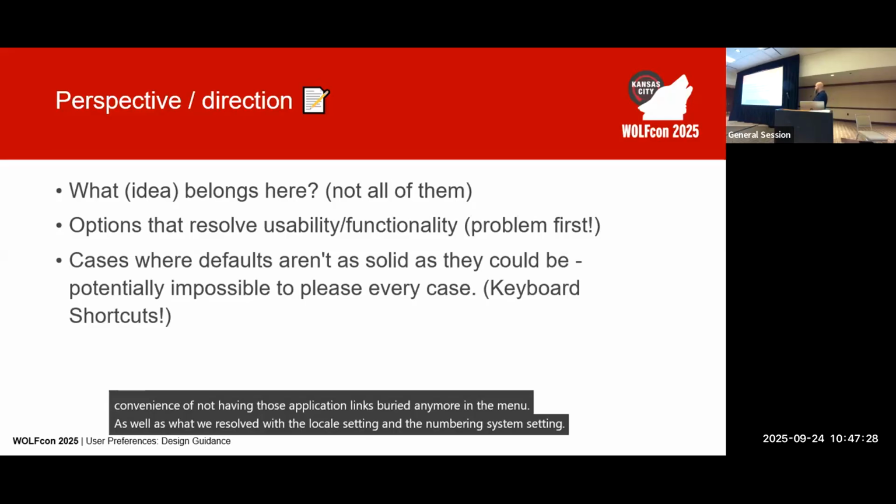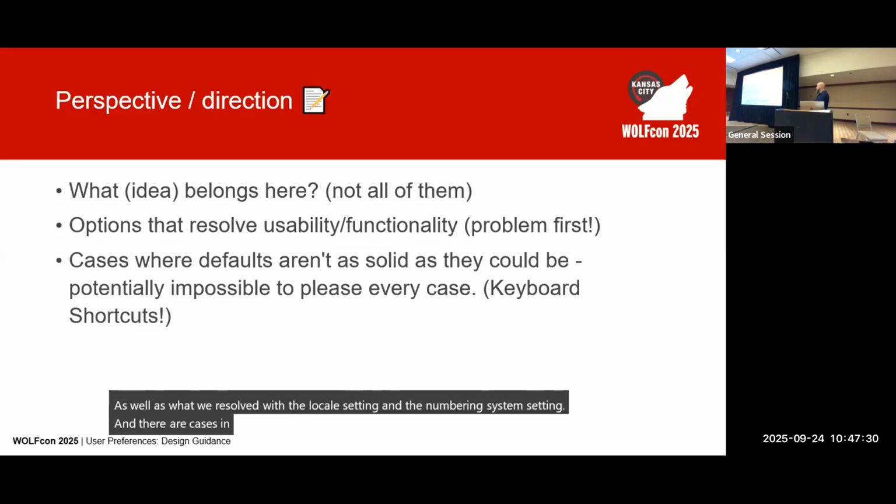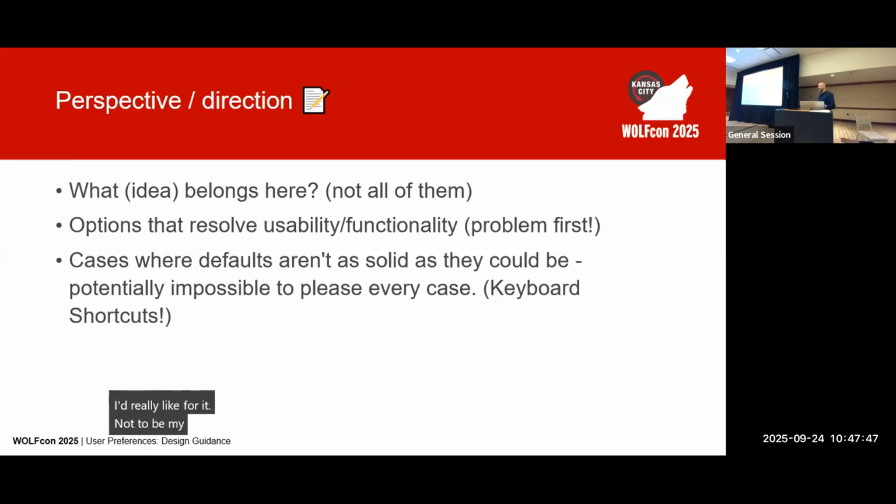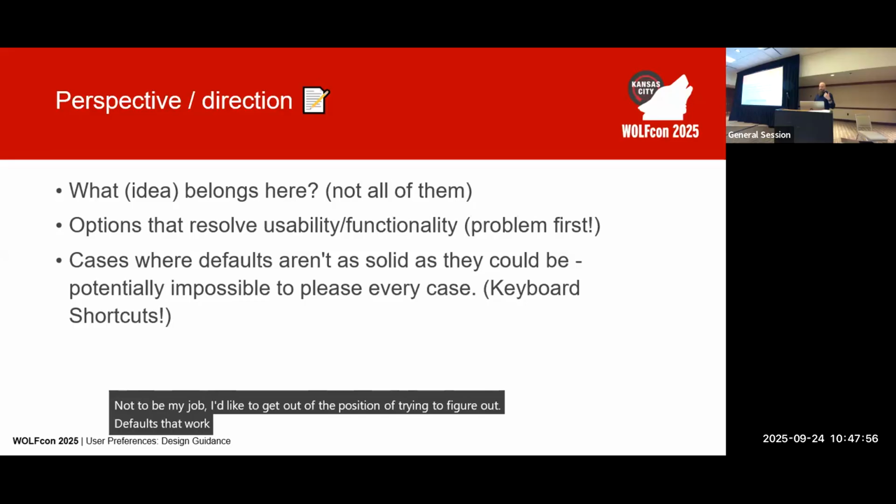And there are cases in Folio where the defaults just aren't as solid as they could be. Working in the centralized libraries of things, I'd really like for it not to be my job. I'd like to get out of the position of trying to figure out defaults that work for a wide body of people.